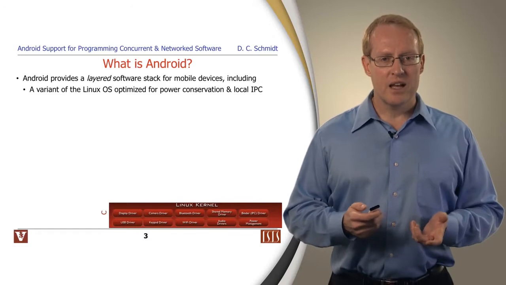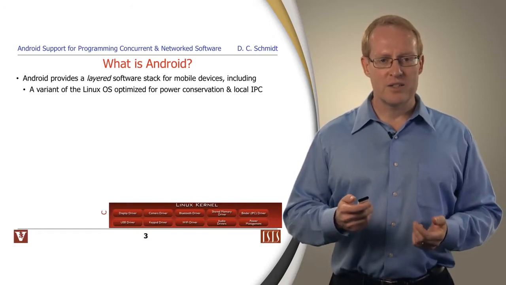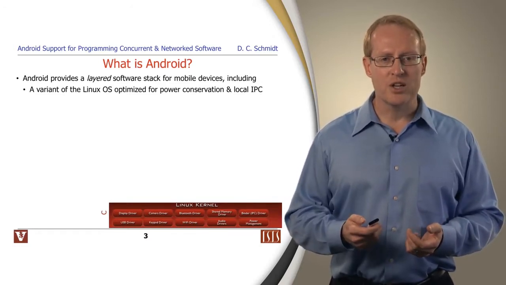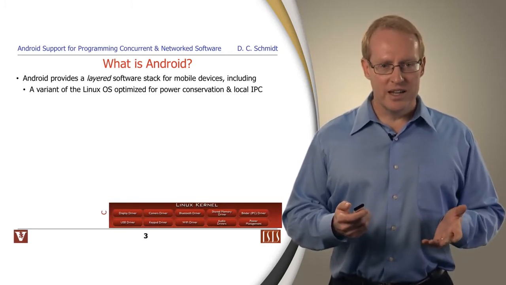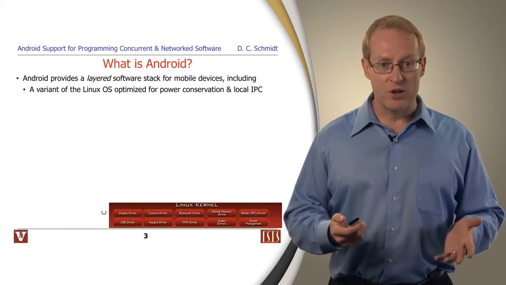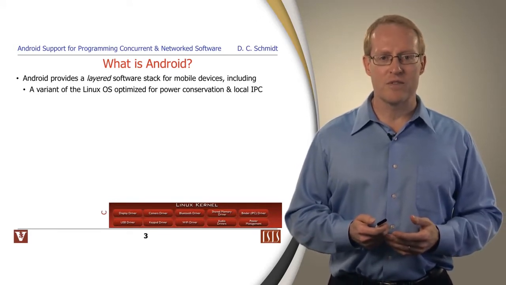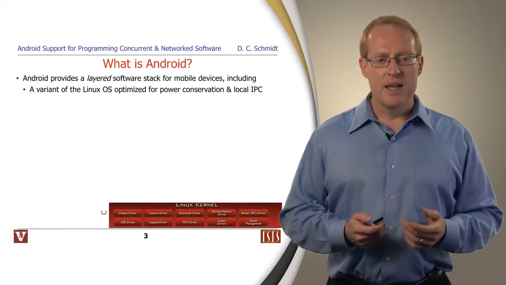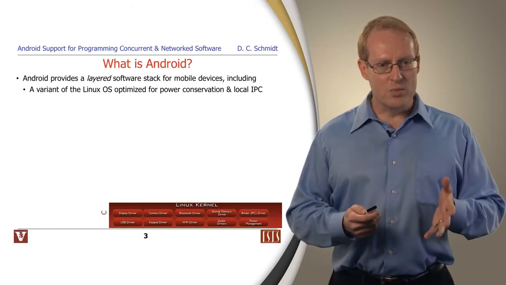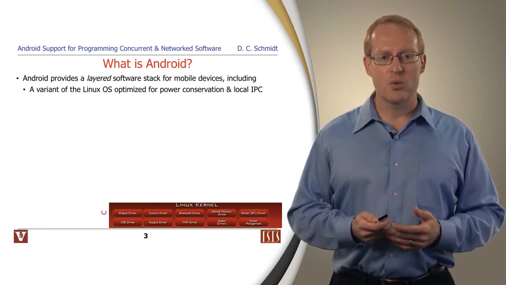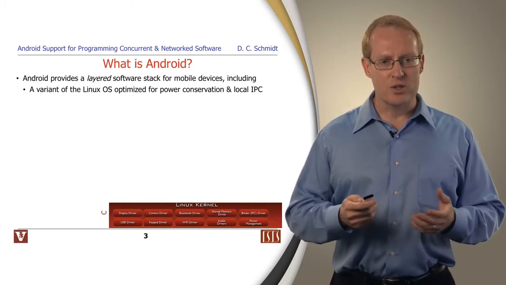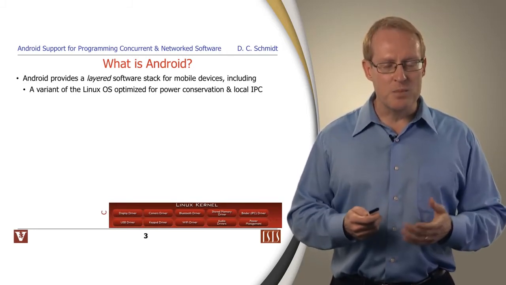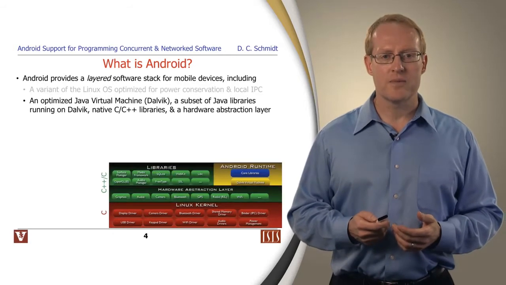Android provides a layered software stack that's designed for mobile applications and various reusable services. As you can imagine, it uses heavily the layers pattern that we talked about in earlier sections of this part as well. Android starts with the lowest layer of its software architecture with a variant of the Linux operating system that's been optimized to conserve power and ensure high-speed communication between processes.